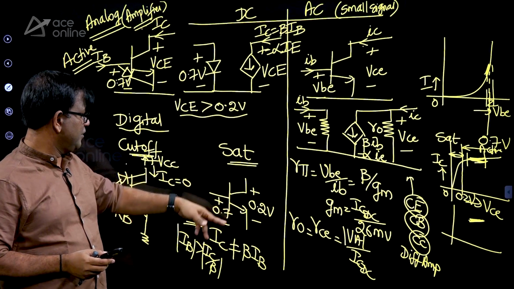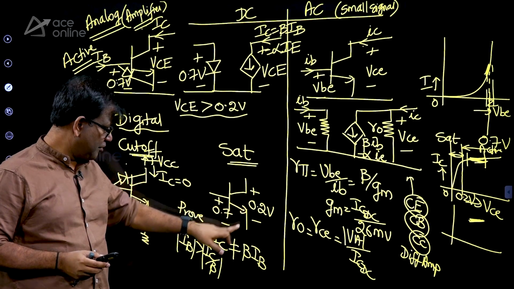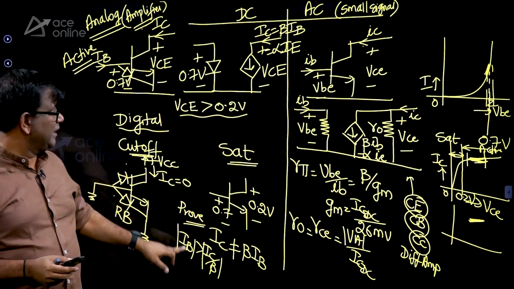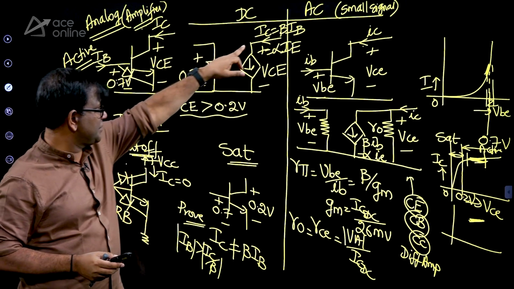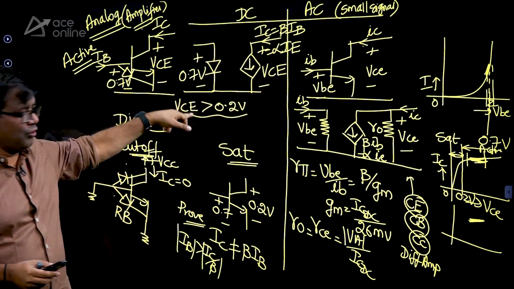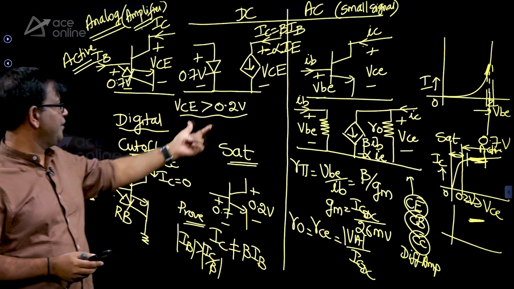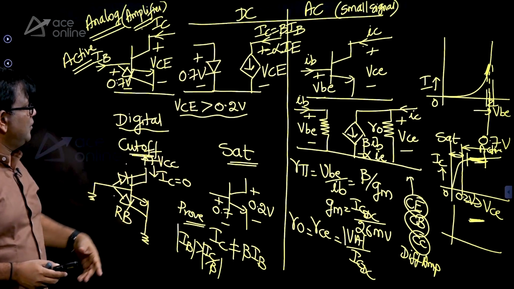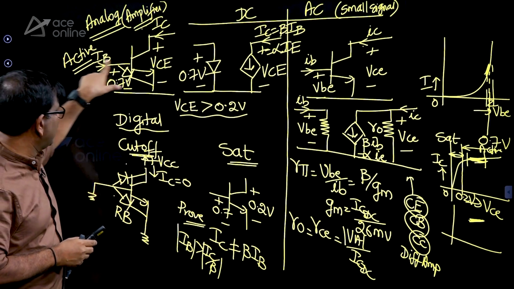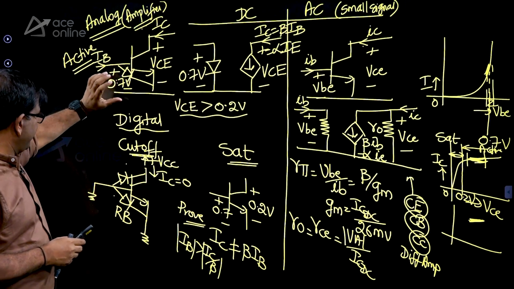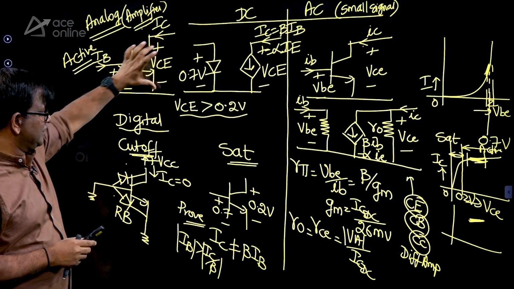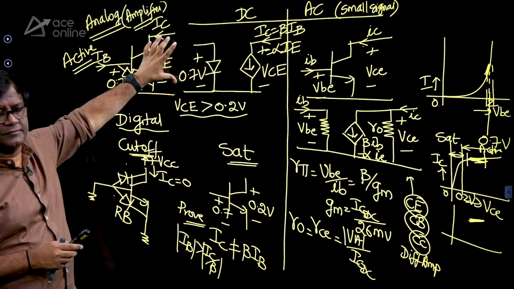In saturation, your assumption is voltage, your findings are current. In active region, your assumption is current, but your findings are voltage, right. Just find voltage, and whenever you go around the device, just treat this device as a port, that's it, as a port, right.